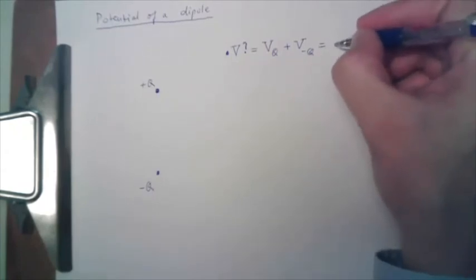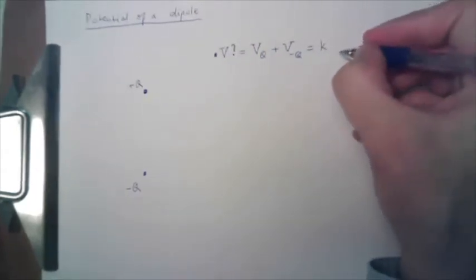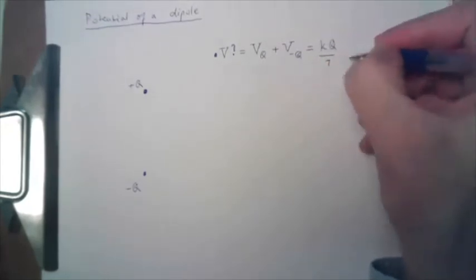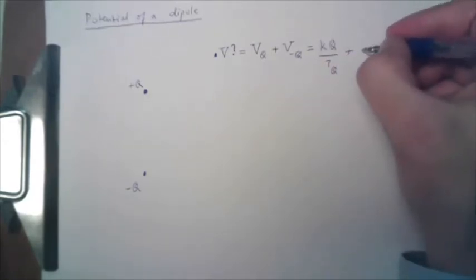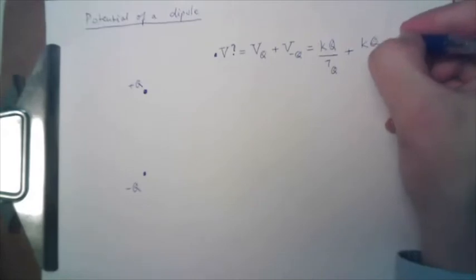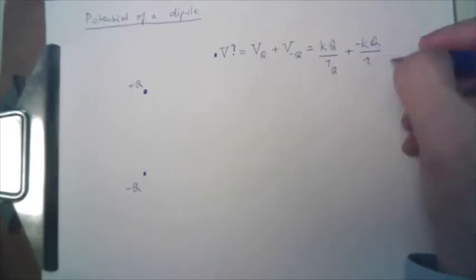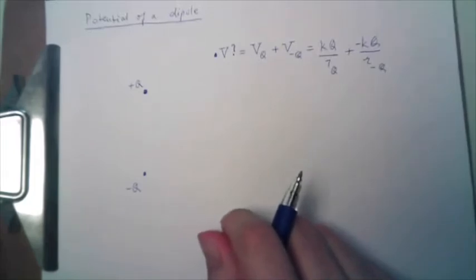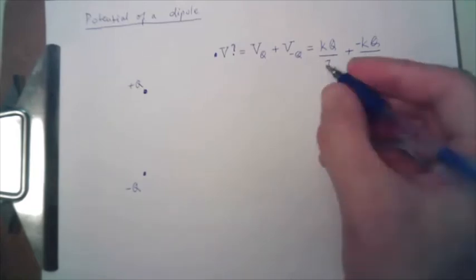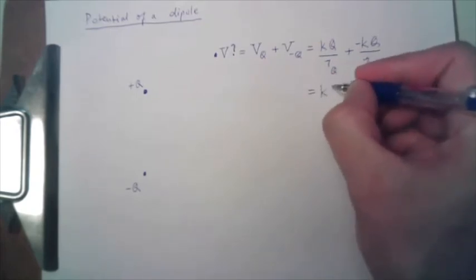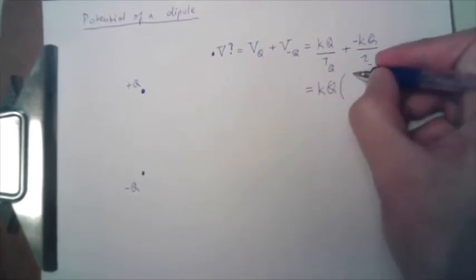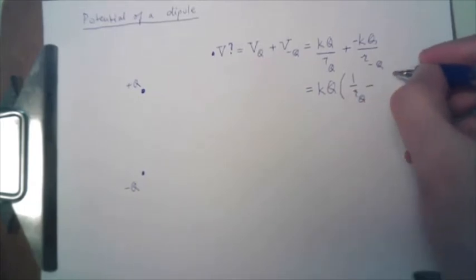Now this is K Q over R Q, plus K Q, but this is negative, over R minus Q. So you see that there's a K and a Q in common. So that's going to be K Q. All right. Now 1 over R Q minus 1 over R minus Q.